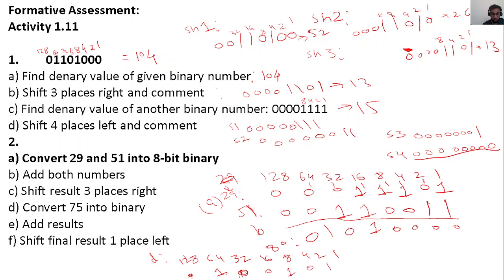Then 0 and 1, 1. So 1 0 0 1 0 1 1 gives us the number 75.